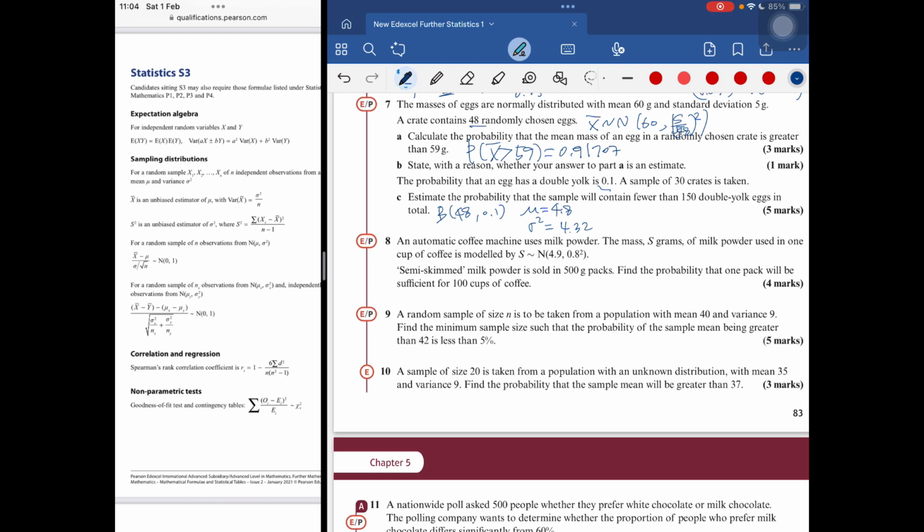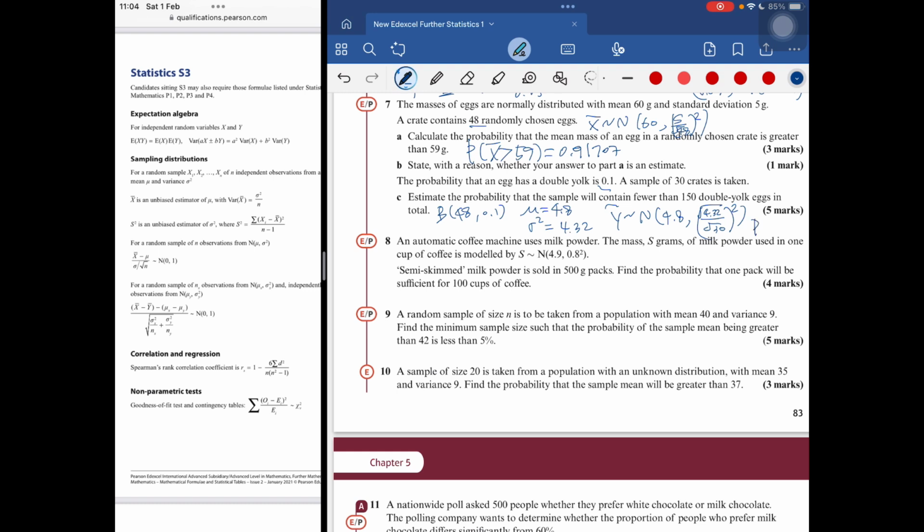Now we can check 30 crates. So the sample size is 30. Let's call it Y bar because we already used X bar. So Y bar follows a normal distribution which has mean 4.8 and standard deviation square root of 4.32 over square root of 30.